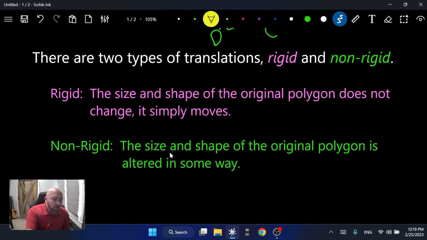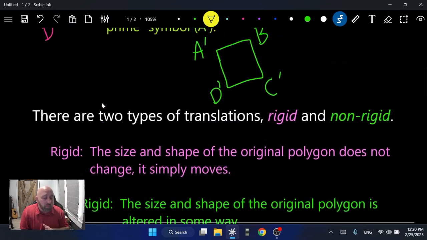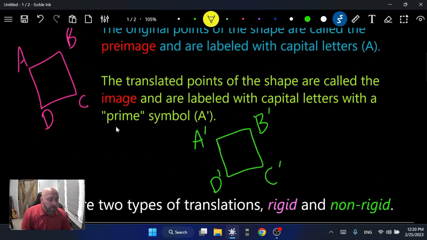All right, so next, there are two types of translations. There's what's called a rigid transformation or a rigid translation and a non-rigid transformation. Now, here's what that looks like. With rigid transformations, the size and shape of the original polygon does not change, it simply moves. So let's go back to this.